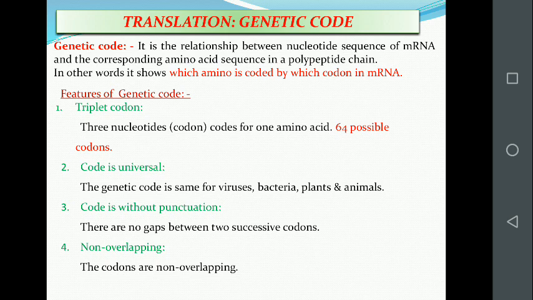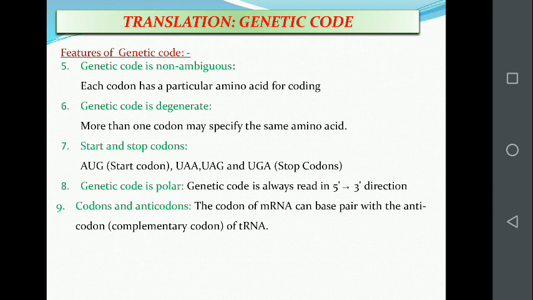So that table is universal. UUU codes for phenylalanine in all the different organisms from simple to complex level. The code is without punctuation, so there are no gaps left between any two successive codons. Non-overlapping, the codons are read in a non-overlapping manner.